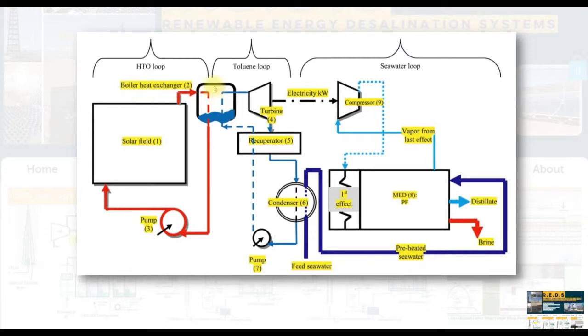It's a boiler heat exchanger to transfer the massive thermal power from the solar field to operate the toluene organic Rankine cycle. Toluene has a positive slope on the TS diagram, so there is no need for superheat, with a maximum temperature up to the critical temperature, around 318 degrees Celsius.